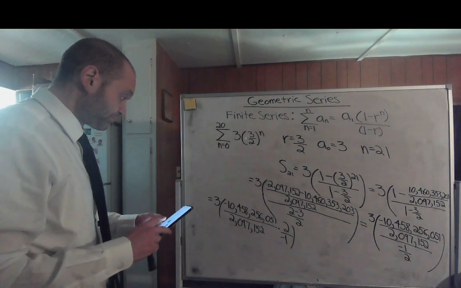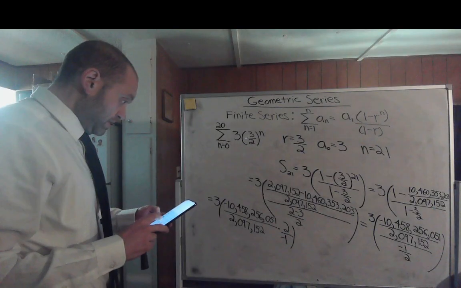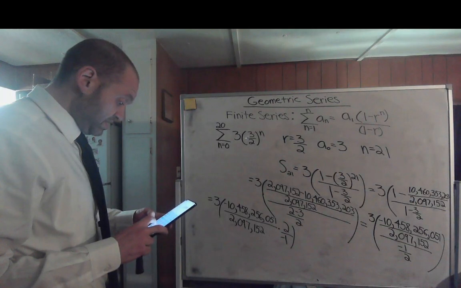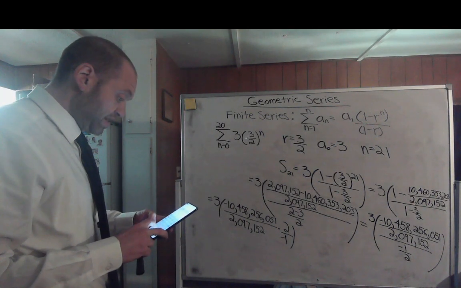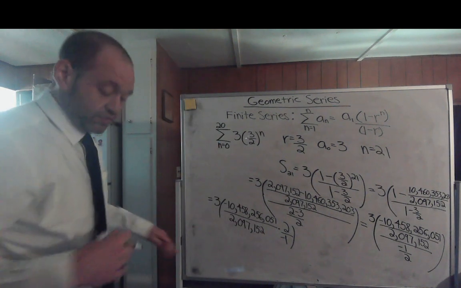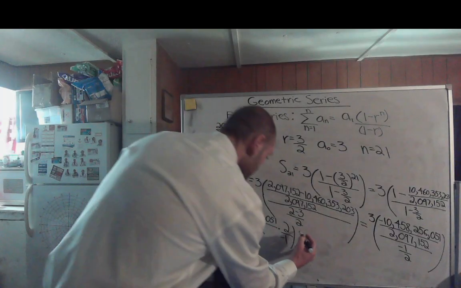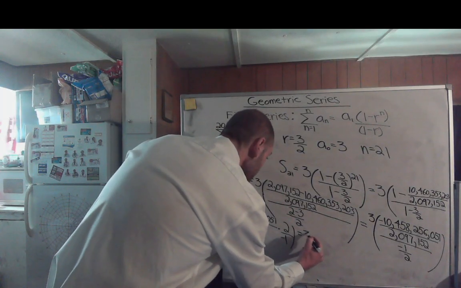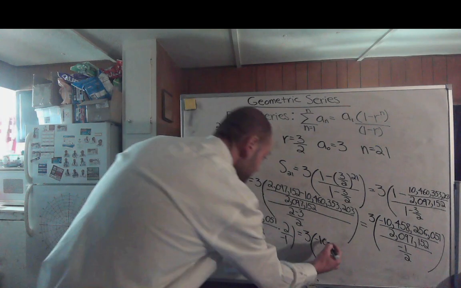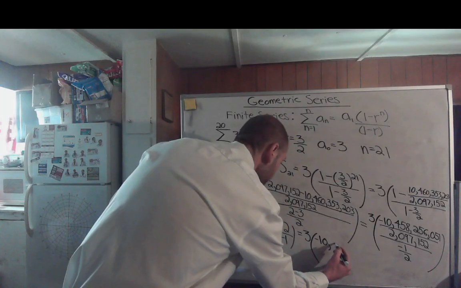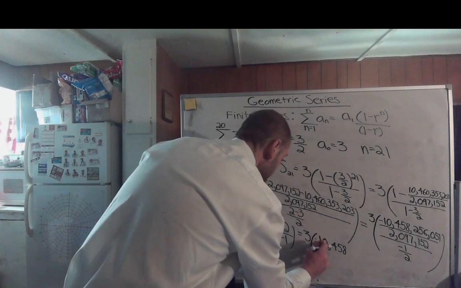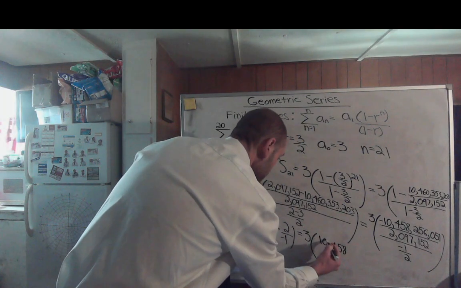So, alright, so 2,097,152 divided by 2. That's going to reduce my denominator down to, we'll have 3 times negative 10,458,000. Actually, it'll be positive because the negatives cancel each other out.